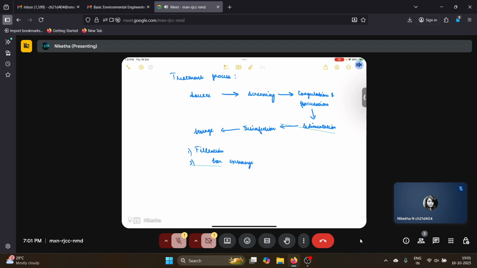The cationic pollutants will be attracted by the anionic resin and removed. Similarly, the anionic pollutants will be attracted to the cationic resin and removed. So this is ion exchange.